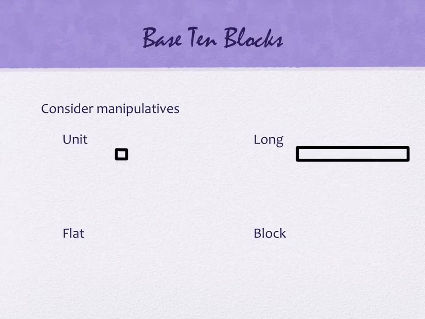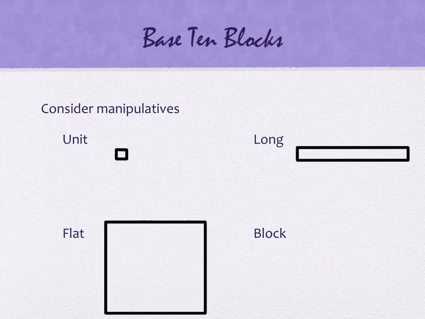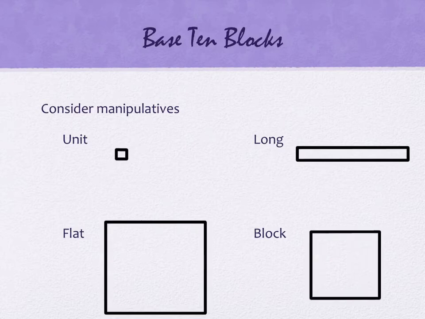And then a flat is taking those 10 long Lego sticks and making them into a larger rectangular square. It's bigger than it was before. So that's a flat. And then a block three-dimensionalizes all of that. So for a block, it ends up looking something like this.